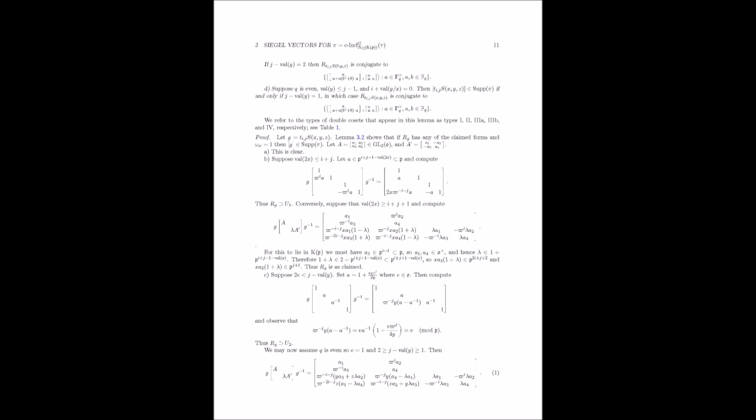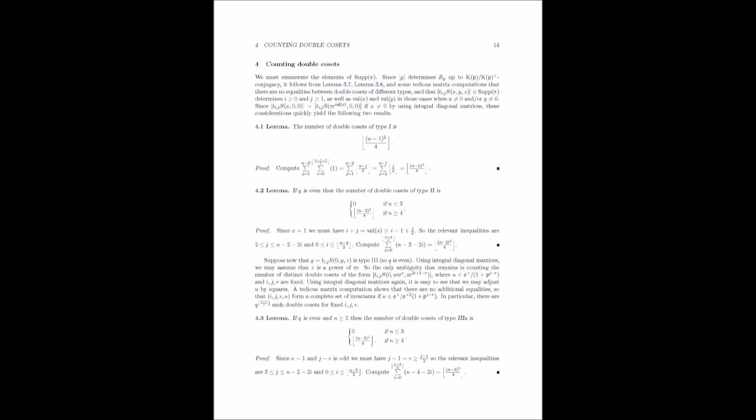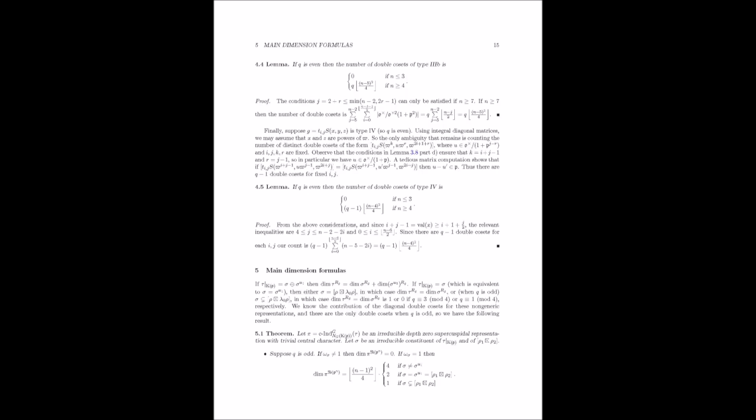What about I, the Iwahori subgroup? The Iwahori subgroup I is defined as the intersection of another specific matrix, this time with entries from O and O×, the units of O, with the group G. Okay, so Kp and I are both defined by taking the intersection of specific matrices with larger groups. And finally, what about Γ_n, the Siegel congruence subgroups? These subgroups are really important for defining different levels of Siegel modular forms.